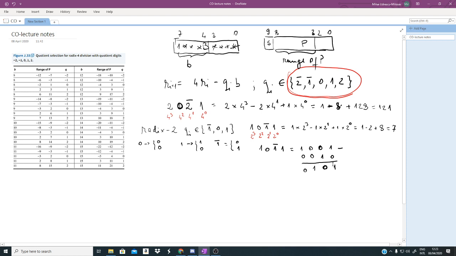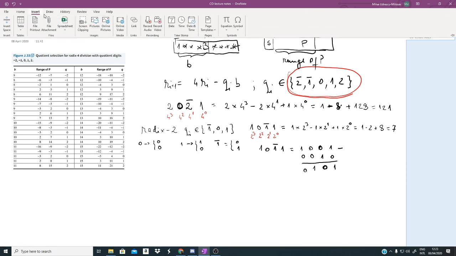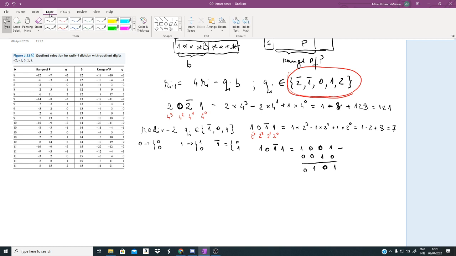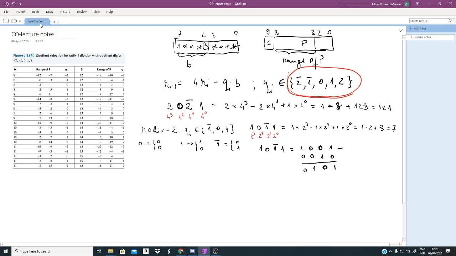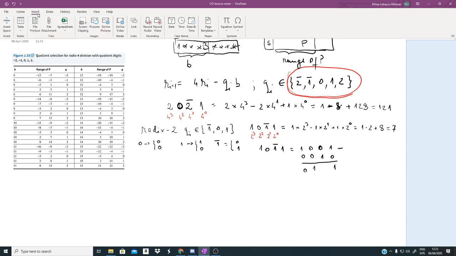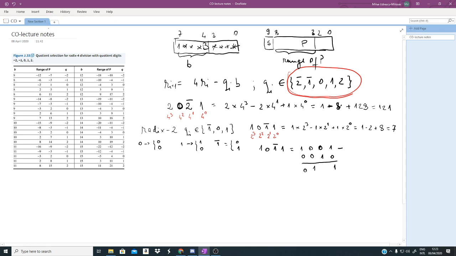Yeah, stupid me. I was so stupid not to remember how subtractions are made.